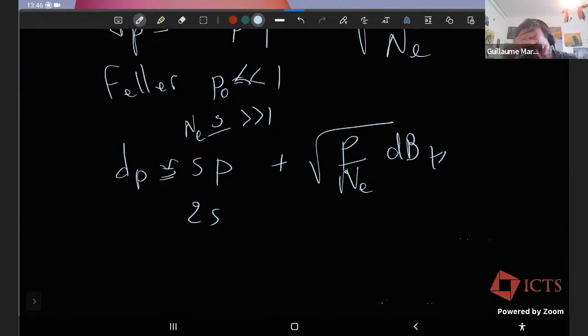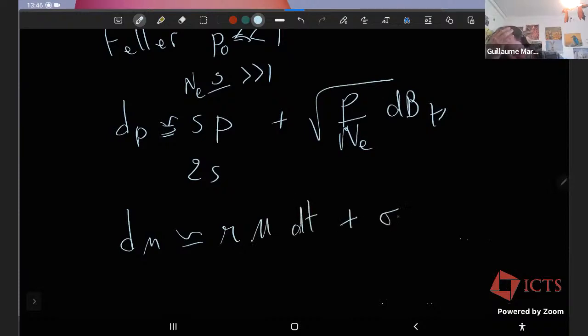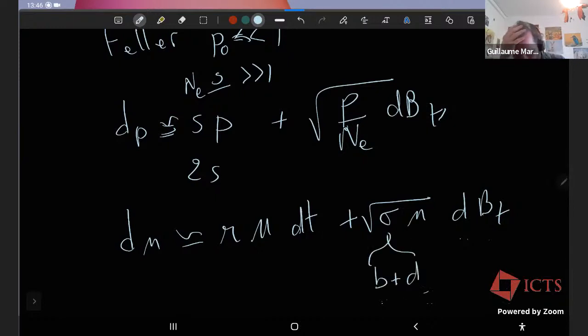But if you're doing stochastic growth, you're looking not at frequencies but at absolute numbers, and the Feller approximation is like this. It's really the same thing. The sigma here, in the case of an approximation for a birth-death process, would be equal to the sum of B plus D. This is the noise of demography, and B minus D is the deterministic trend.